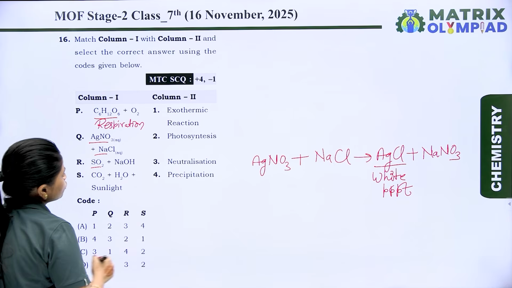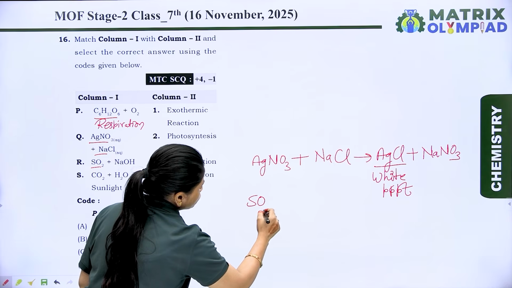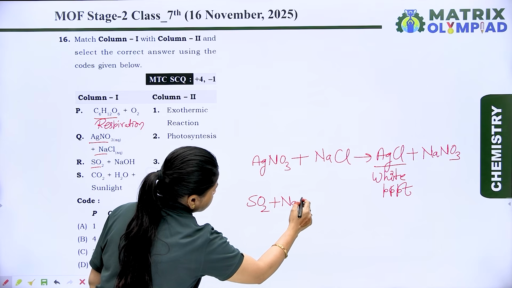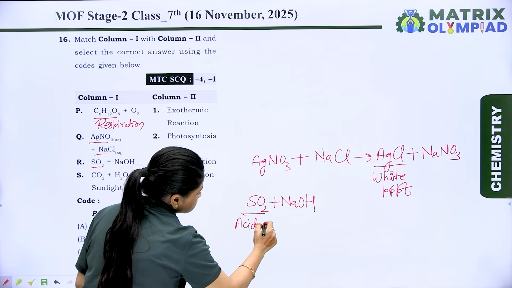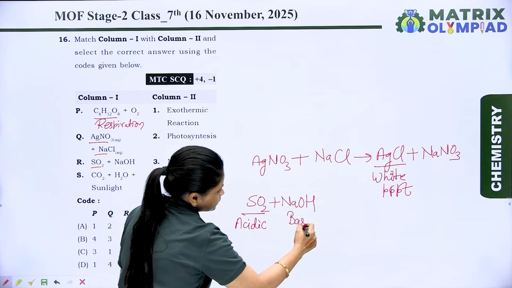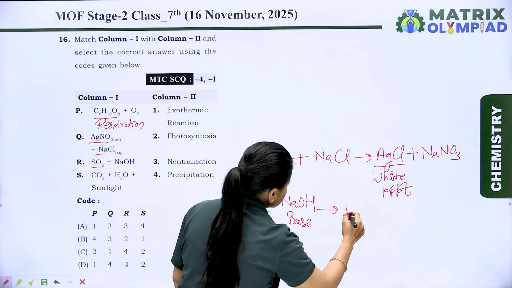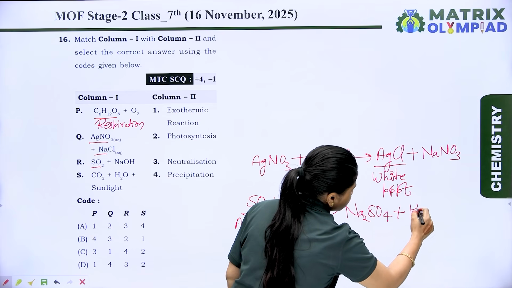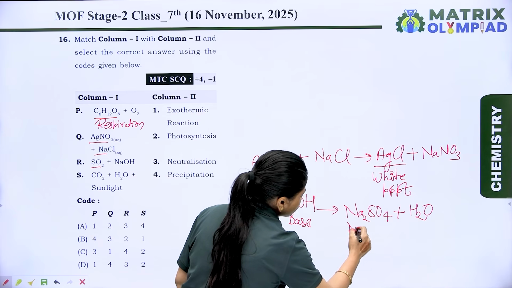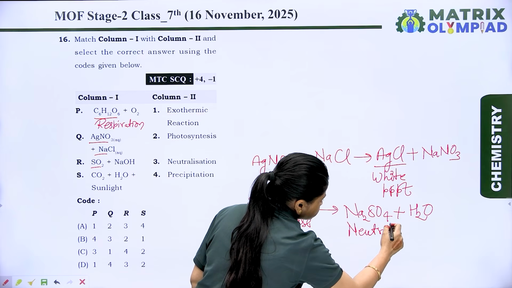Next is SO2 plus NaOH. This is an acidic oxide, this is a base, and after reaction they form salt and water and show neutralization.